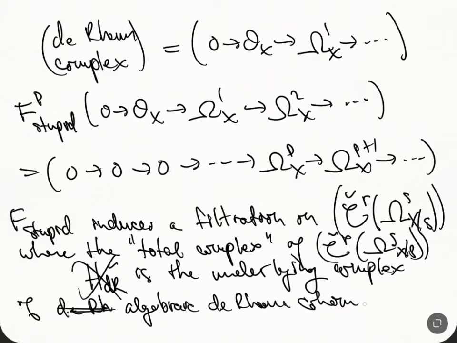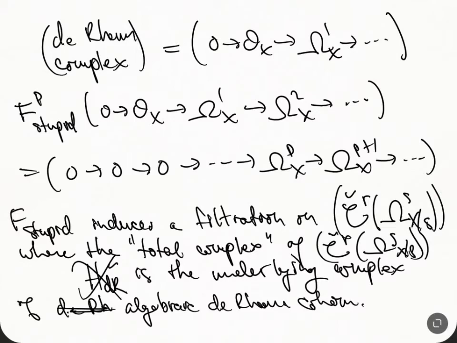So it's funny because we have the de Rham complex, and the de Rham complex isn't actually the complex that gives you de Rham cohomology. And the filtration on the de Rham complex isn't the actual filtration that you use for the Hodge to de Rham spectral sequence. But anyway, you'll get a filtration here. It induces something on this thing that we use to compute de Rham cohomology, and then we actually have our filtration.